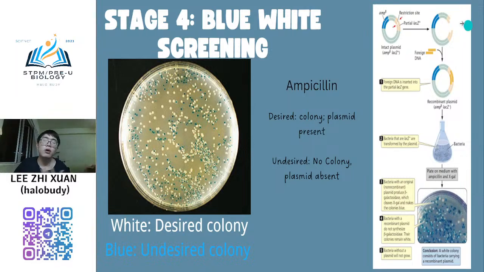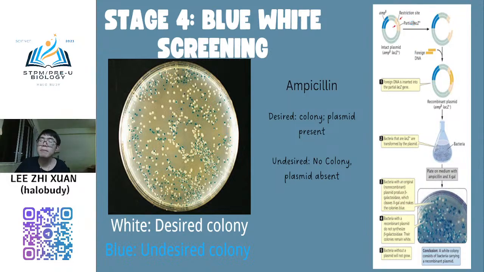Kenapa? Because in the original plasmid, the restriction site is within the LacZ gene. And if the LacZ gene is present, it will express beta-galactosidase. Beta-galactosidase will hydrolyze X-gal to produce blue colony yang kami tak mau, because when it produces blue colony, meaning the LacZ gene is present.